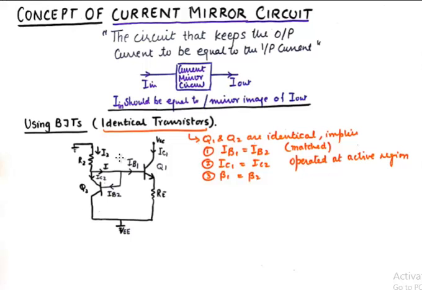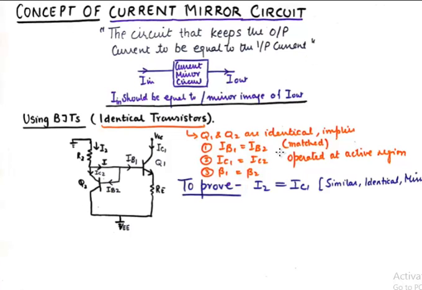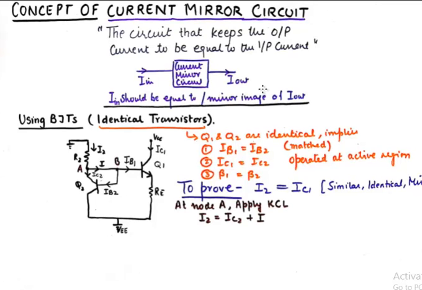After that, we can see or prove that I2 comes out to be equivalent to IC1. And if that happens, we'll say this circuit is a current mirror circuit. So that is what we need to prove. They should be similar, identical, or mirror image of each other.